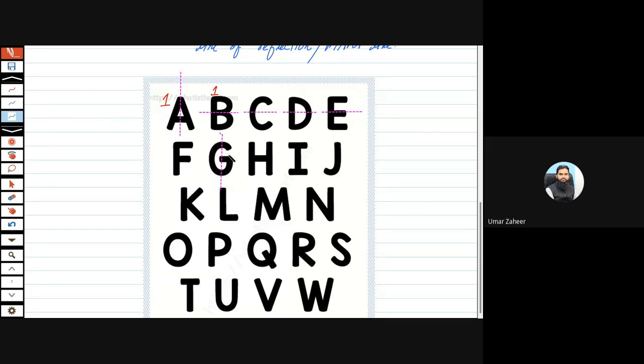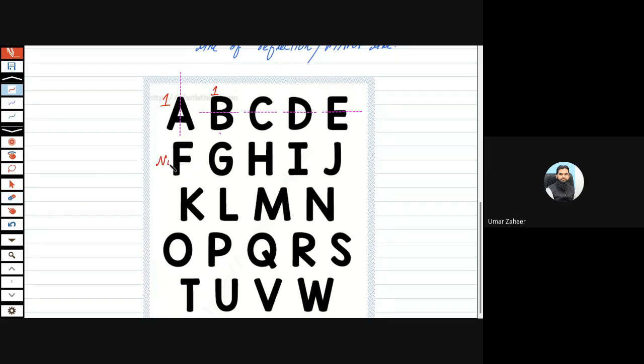If you focus on this part, you don't have the reflection here. In the same way, focus on this part. We don't have anything here. So we need a reflection on the other side if we are taking the line of symmetry. This shows that we don't have any line of symmetry in G.